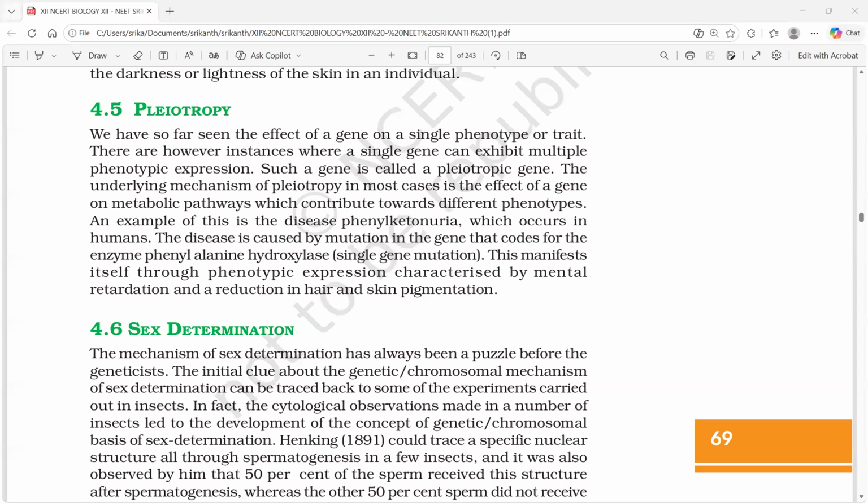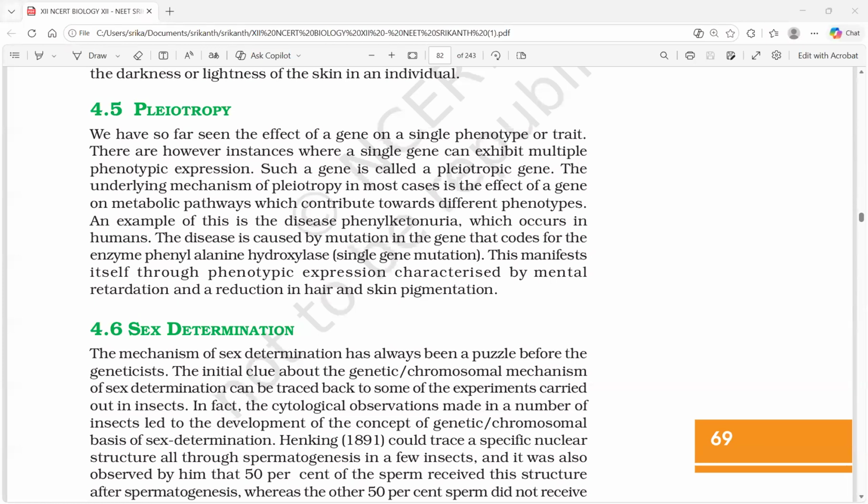Phenylalanine hydroxylase converts phenylalanine into tyrosine. Tyrosine, in the presence of an enzyme called tyrosinase, is converted into melanin. So in our topic, pleiotropy, this enzyme is our hero.